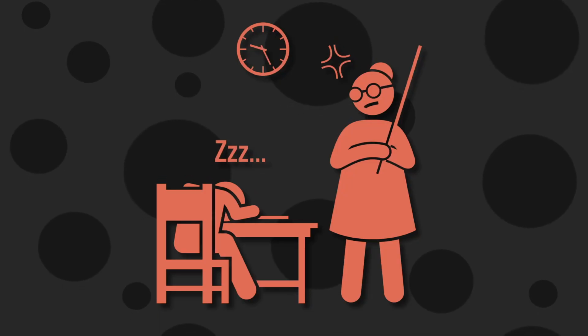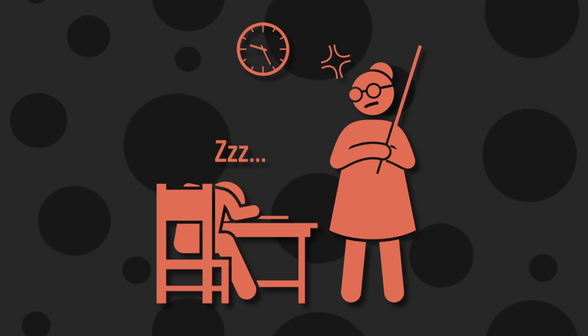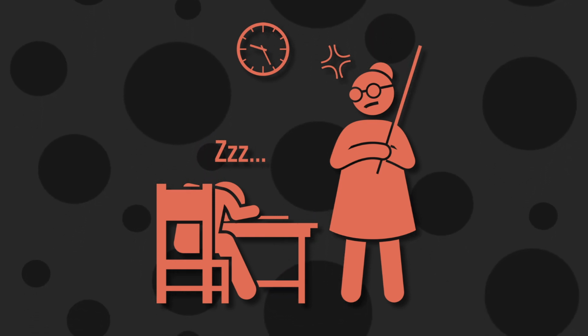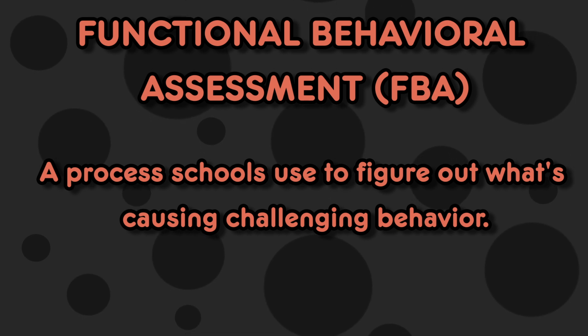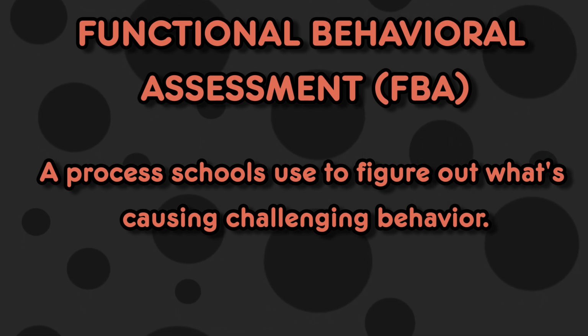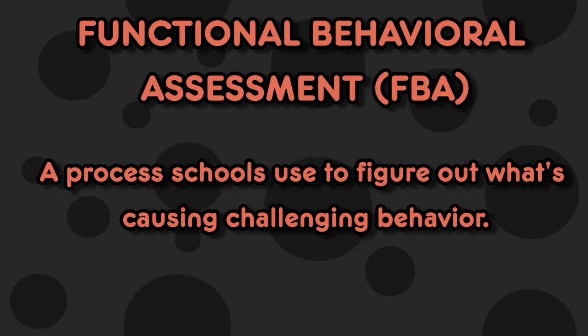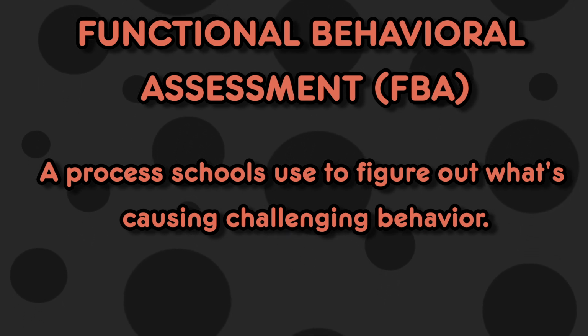So whether it's the school failing to implement the IEP or it's because of their disability, that child's going to be disciplined differently. So what will happen is that, first of all, they're going to have a functional behavior assessment to find out why, what happened, what made them behave the way they did.